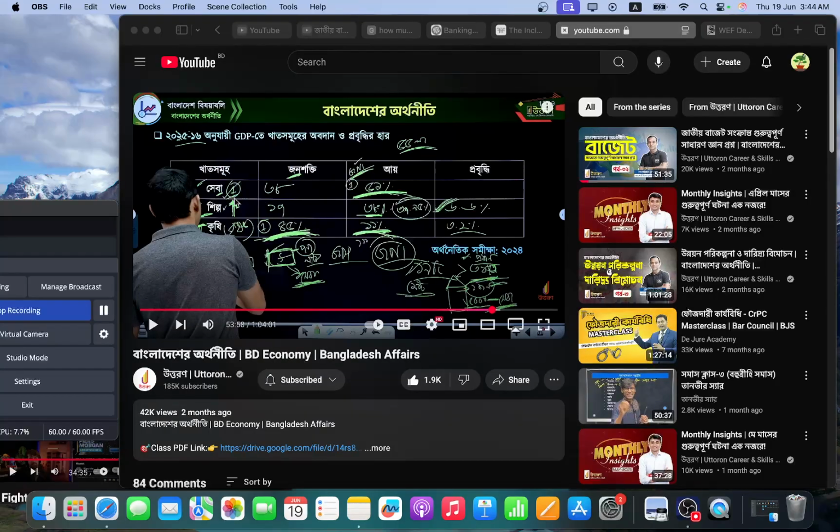The distinction between Shiva and Shilpo is really fascinating. So people who work in the industries, like let's say garment industry, right? People that work in the garment, they are providing their service and they're getting a wage, so that falls under service. But the owner of the industry is basically an industrial person, right? The owner, the Shilpopati.